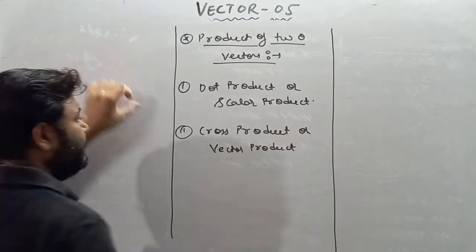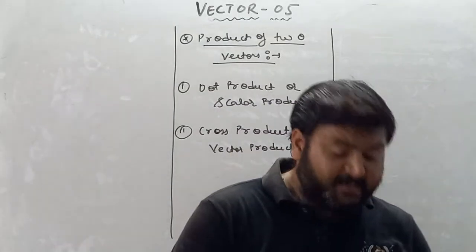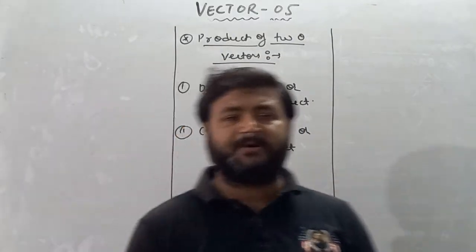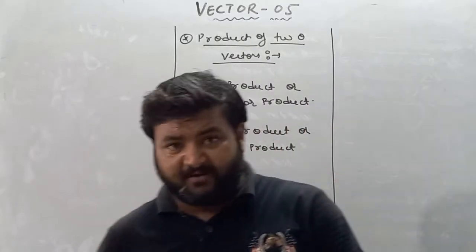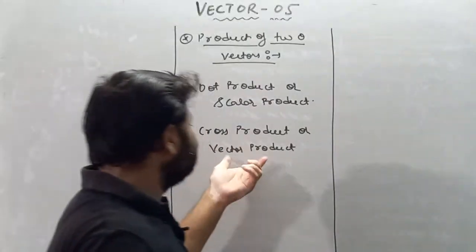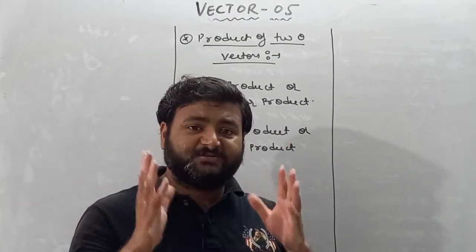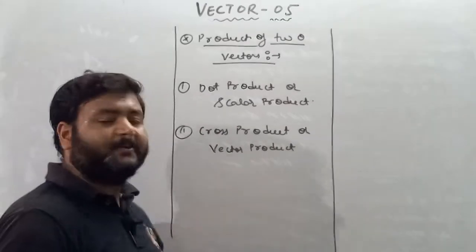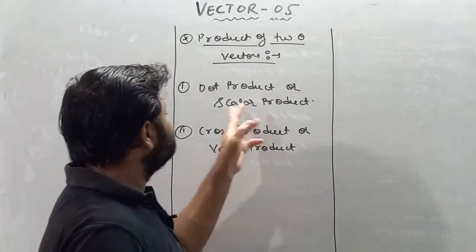Why is cross product considered a vector product? Because if you perform cross product of two vectors, then you get the result in the form of a vector. So we'll say cross product is vector product and dot product is scalar product.